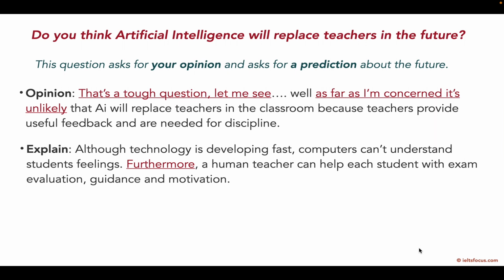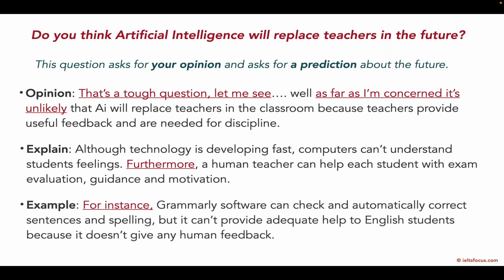So although technology is developing fast, computers can't understand students' feelings, and furthermore, a human teacher can help each student with exam evaluation and guidance and motivation. So for an example, okay, for instance, Grammarly software can check and it can automatically correct sentences and spelling, but it can't provide adequate help to English students because it doesn't give human feedback.